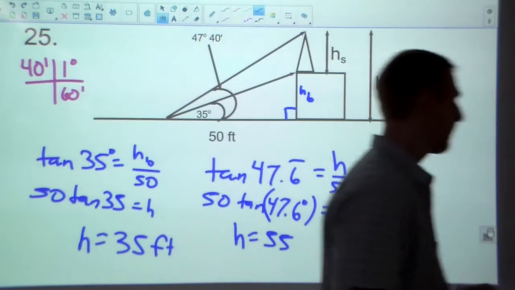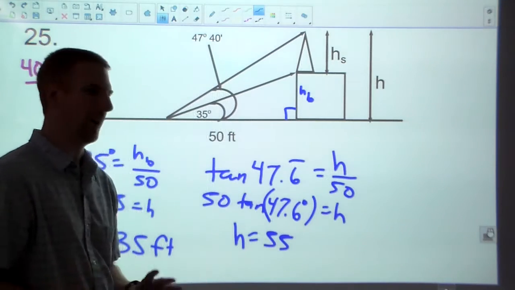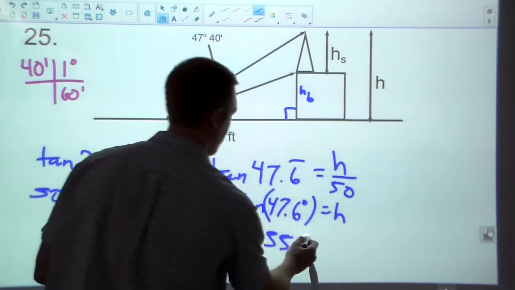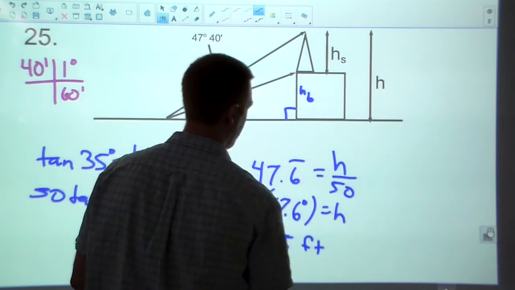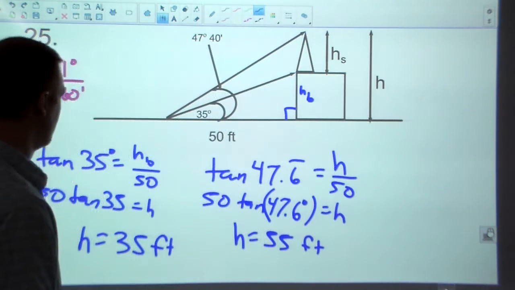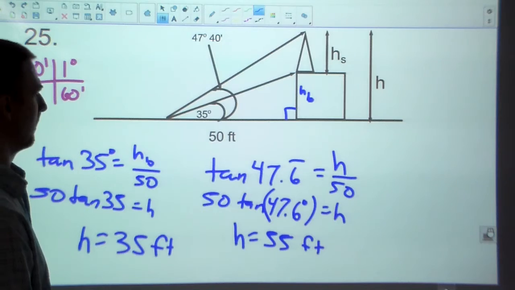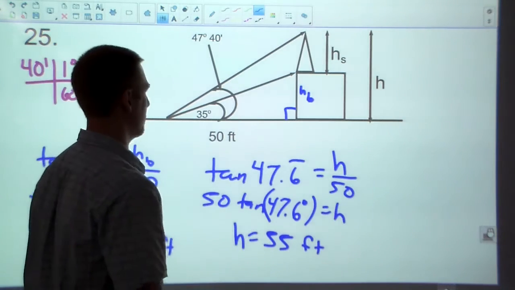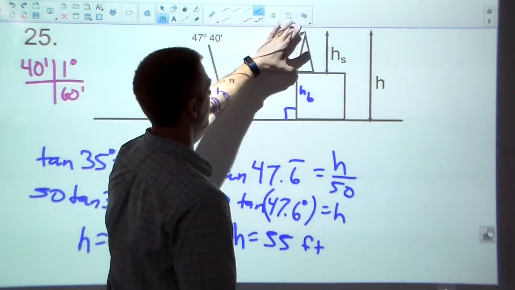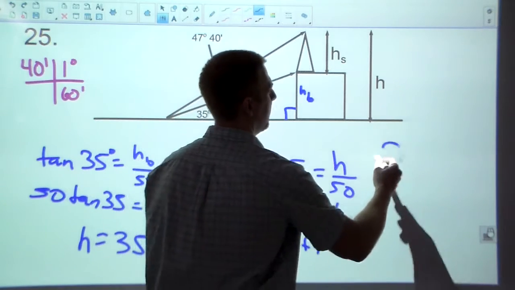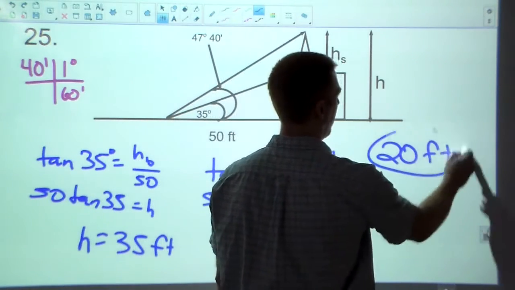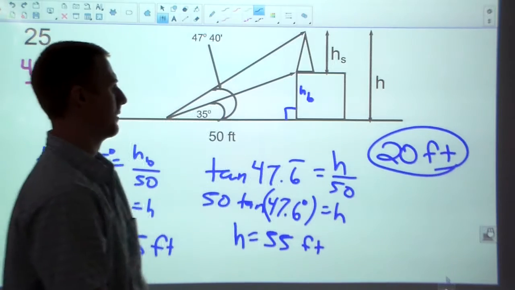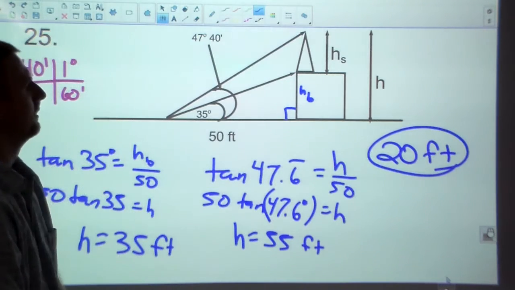I think that's probably close enough. And then finally, if I want to find the height of just the steeple part, if the whole thing was 55 and the building was 35, the rest would have to be 20. So final answer here, roughly 20 feet. And if they want a more precise answer, we can always include more decimals, but that's the idea.